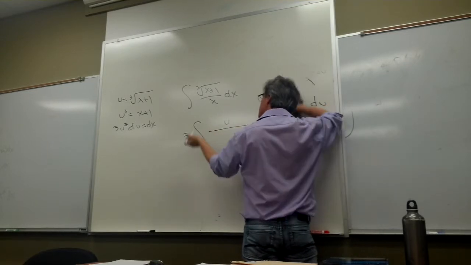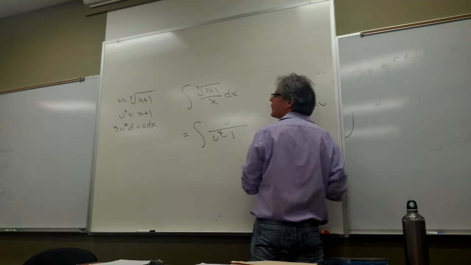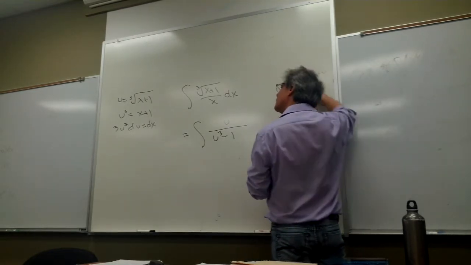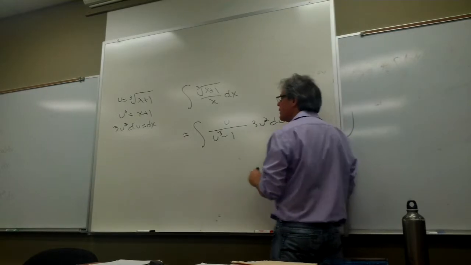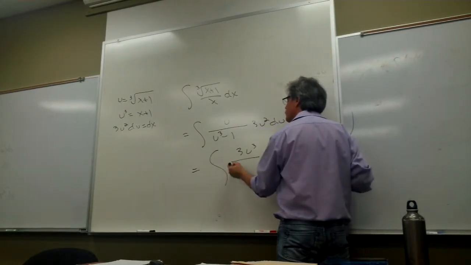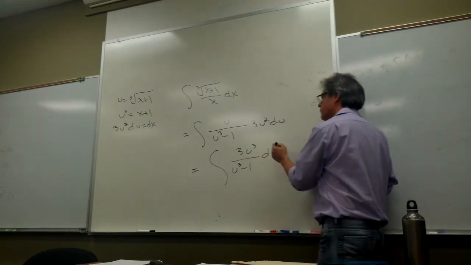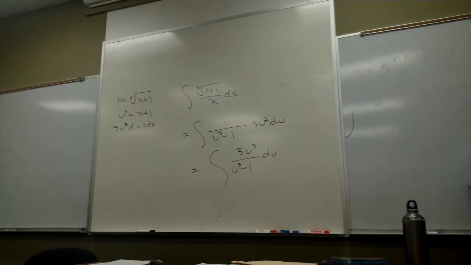What's another name for what's downstairs? u cubed minus 1. What's another name for dx? 3u squared du. So in the end, I really have the integral of 3u cubed over u cubed minus 1. I'll stall for a minute. I'll let that marinate so you can tell me how to continue.